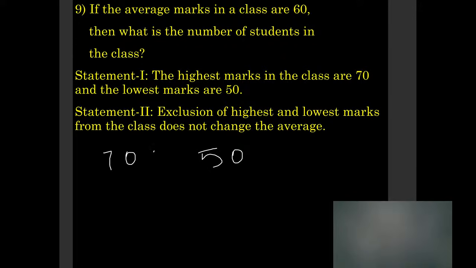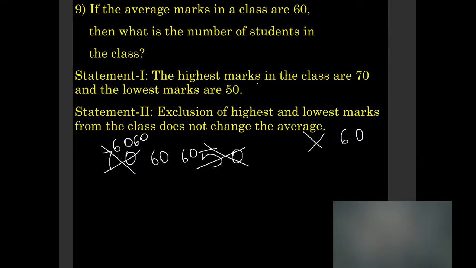Suppose in between we have another person with 60, and 60. If you exclude the highest and least, the average is 60. So even if you take any number of 60s, the second statement is satisfied because the average of all the other people will be equal to 60. So from 2 alone also we cannot get the answer.